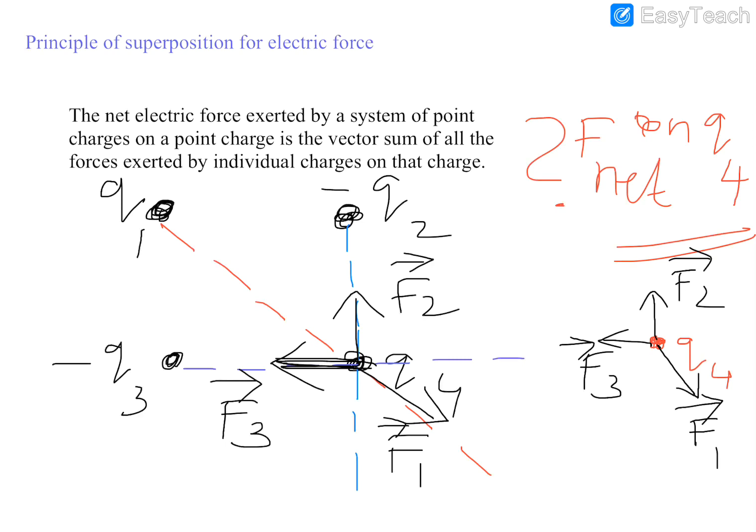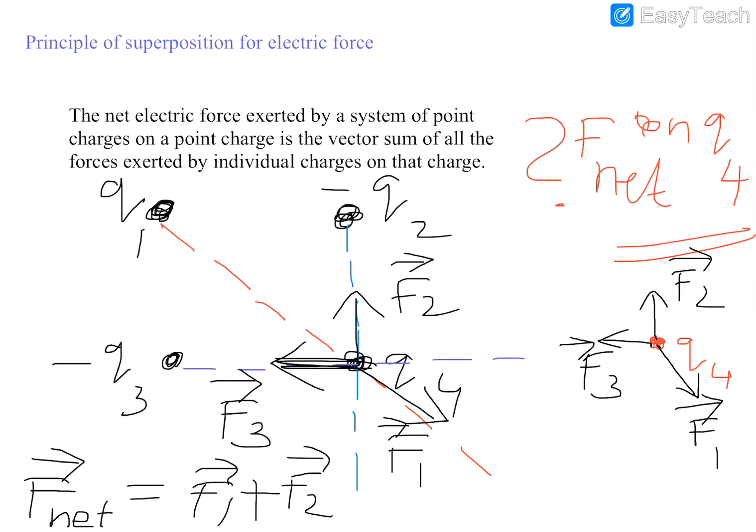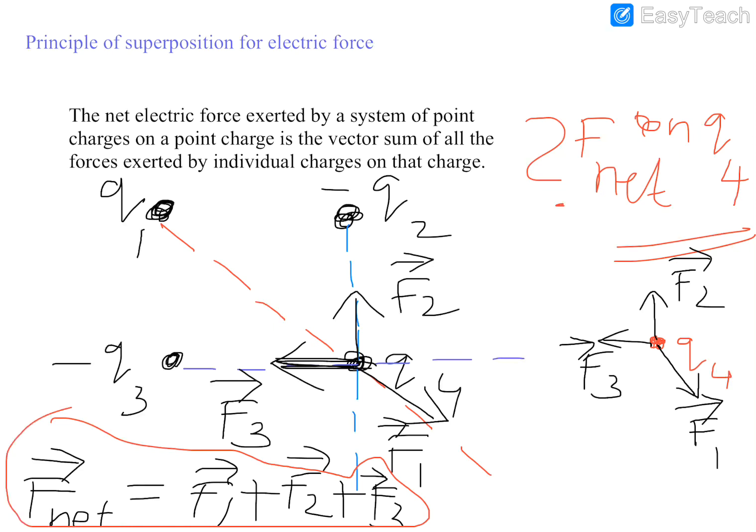According to the principle of superposition, the resultant force F net acting on Q4 is equal to F1 plus F2 plus F3.